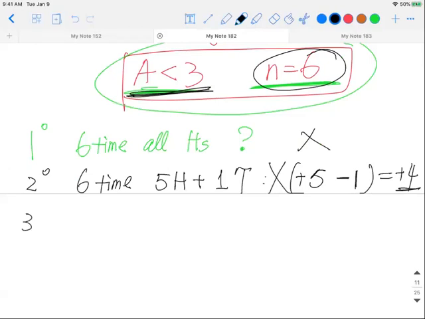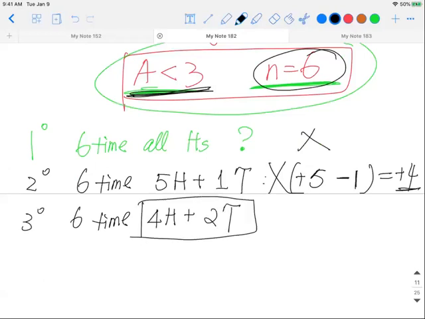Number 3, 6 times 4 heads plus 2 tails. Is it possible or not? I think number-wise, 4 minus 2 equals 2. Hey, that one makes sense, right?